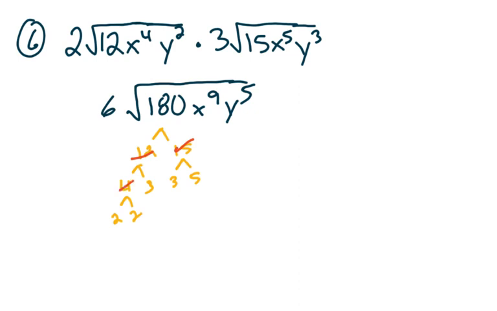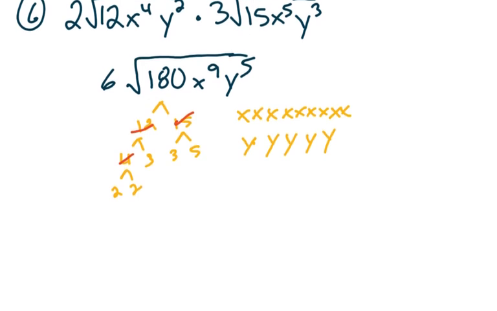I also have 9 x's and 5 y's. So I'm going to write out 9 x's and 5 y's. Now, I realize some of you may be able to do part of this, especially the variable part, in your head.